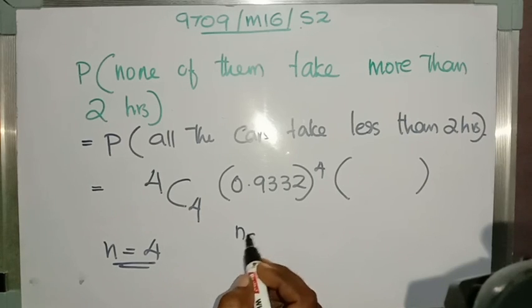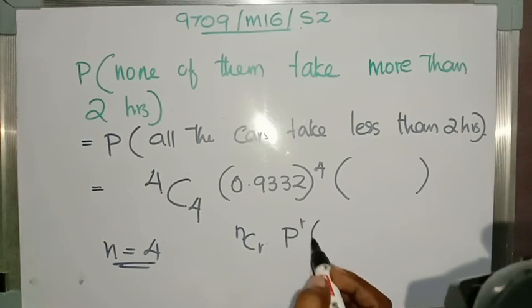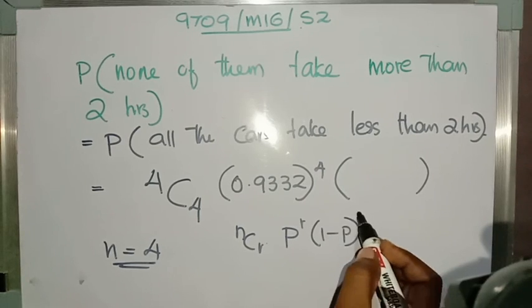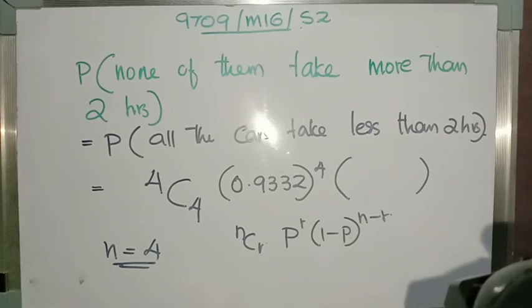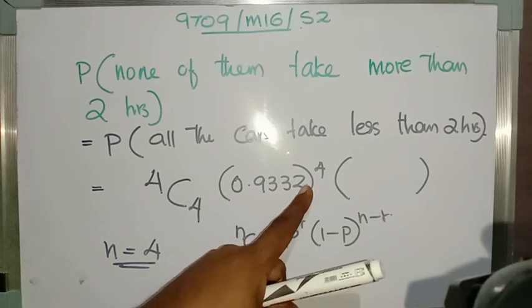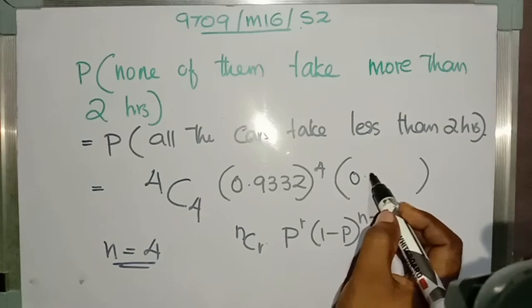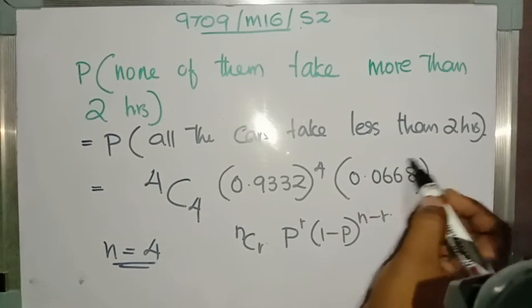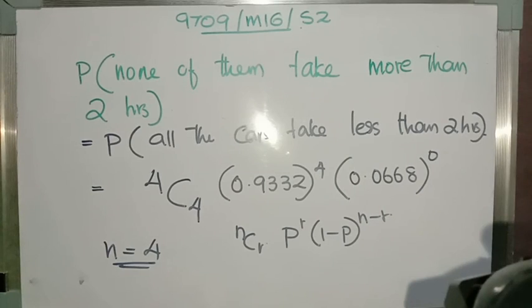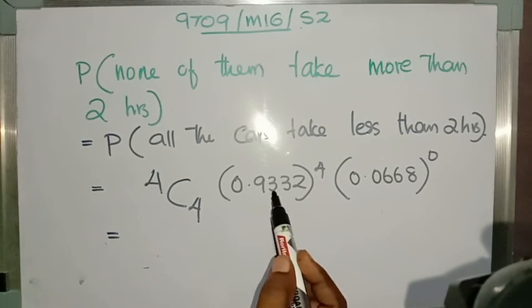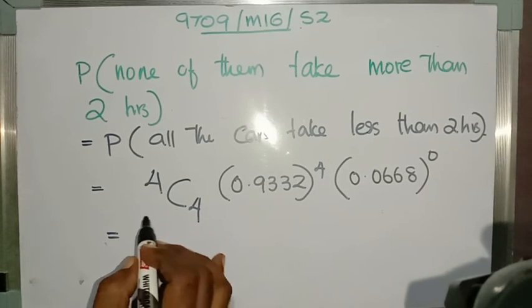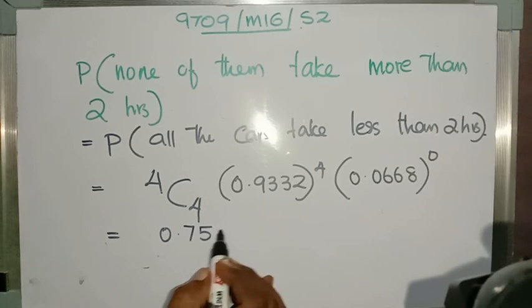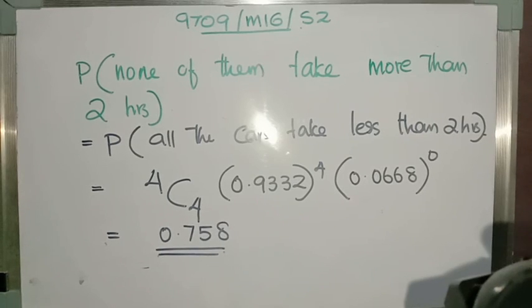Remember the formula nCr p raised to r into 1 minus p raised to n minus r. So 1 minus p, which is 1 minus 0.9332, which is 0.0668, raised to 4 minus 4 is 0, which is equal to 0.9332 raised to 4, that is 0.758 as result.